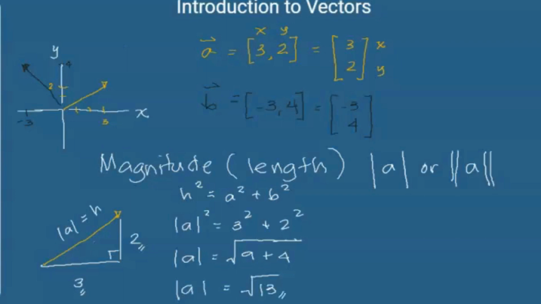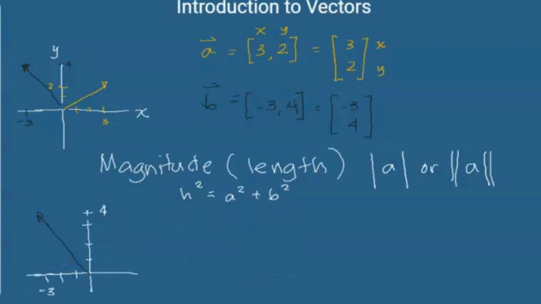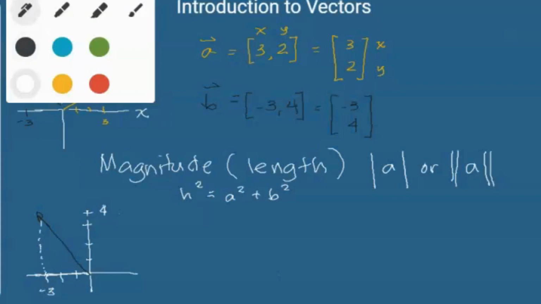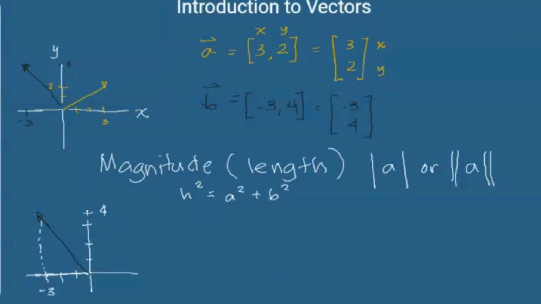Now let's try vector B. Calculate the length or magnitude of vector B. So we have here the x component and the y component. Okay, so this is our magnitude of vector B. So let's calculate.